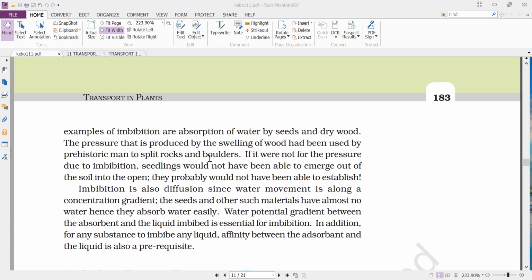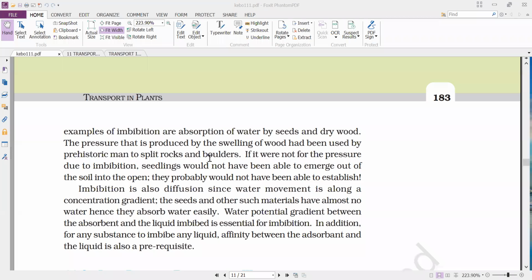In olden days, they used to make a hole in the rock, insert wood into that hole, and pour some water. The water is absorbed by the wood, causing imbibition and resulting in swelling of the wood. A lot of pressure is generated, which helps in breaking the rock.